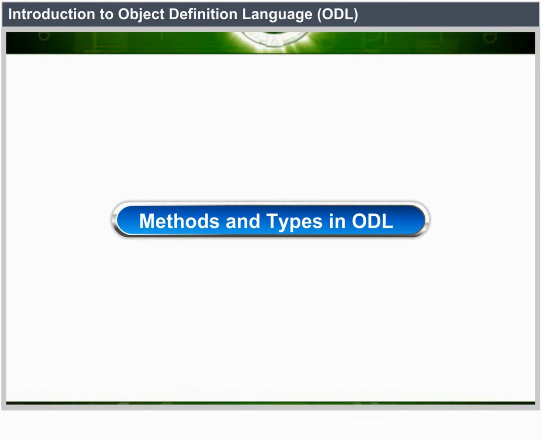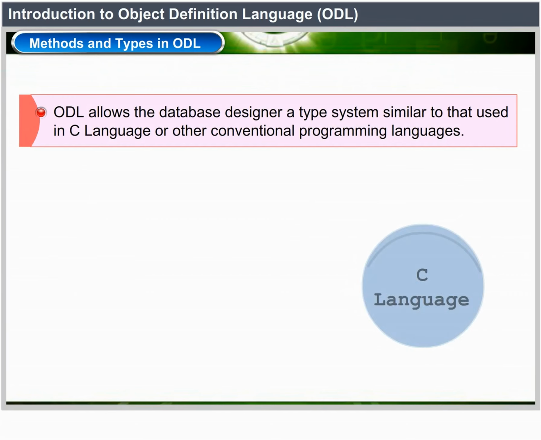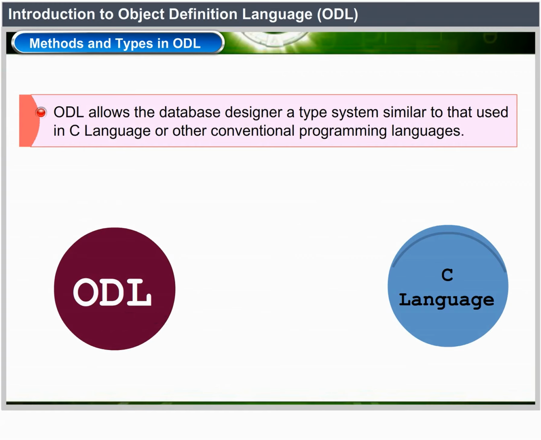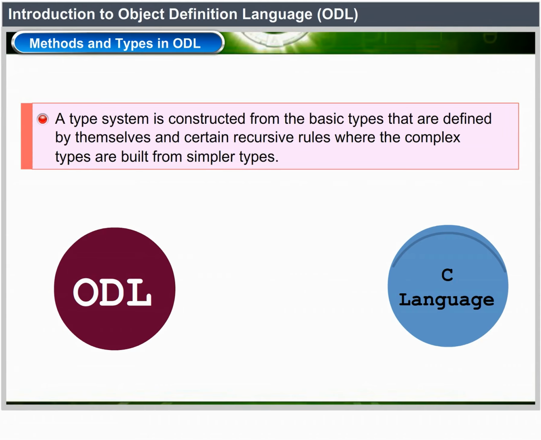Methods and types in ODL. ODL offers the database designer a type system similar to that found in C or other conventional programming languages. A type system is built from a basis of types that are defined by themselves and certain recursive rules whereby complex types are built from similar types.